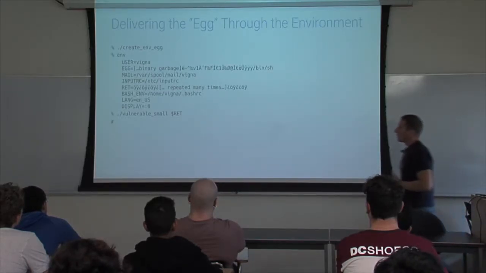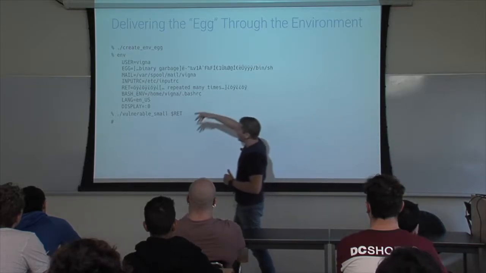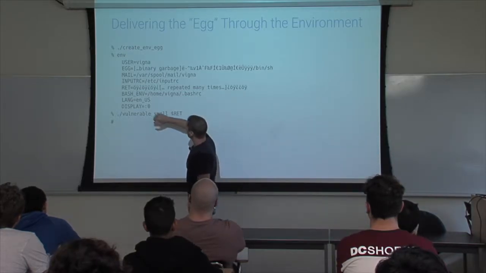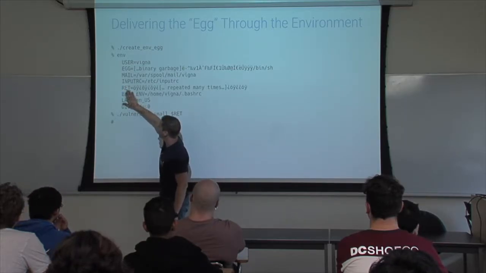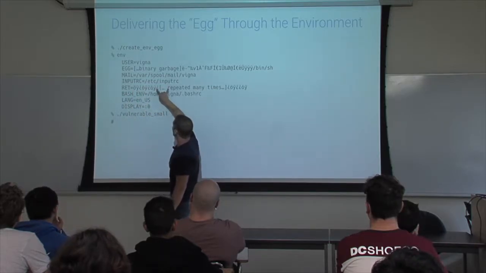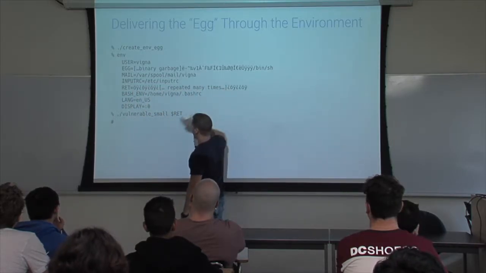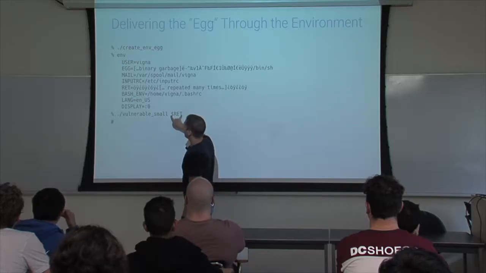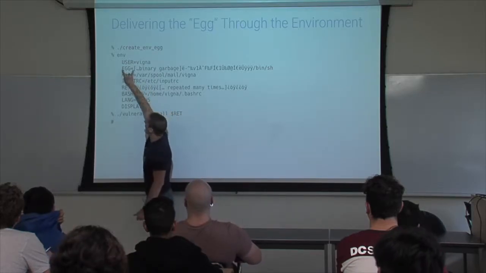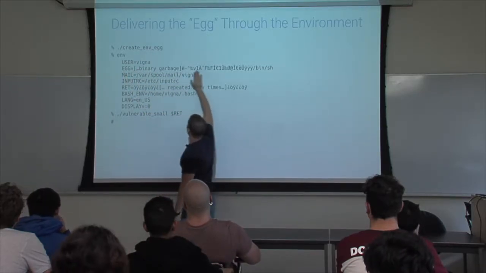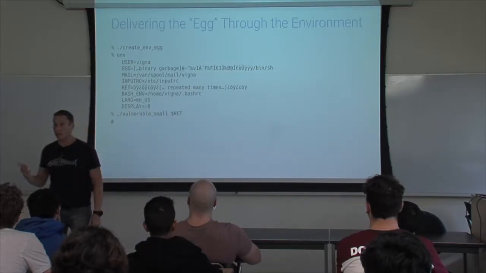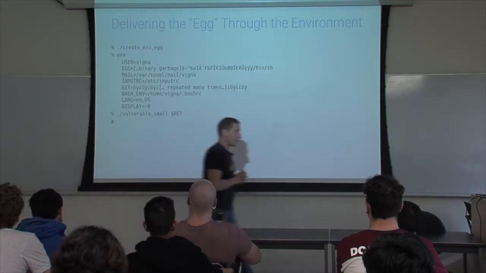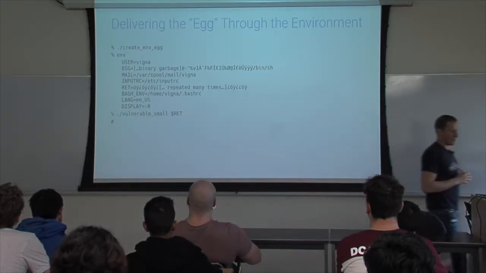Similarly, you can see when you create env-egg, so the program that I just showed you, you can see that the ret value is simply an environment variable with the address repeated many, many times, okay? And that's what we pass to the program. But then there is also the egg variable, which actually has the shellcode there, and you can jump to it in memory. Of course, if that area is executable.